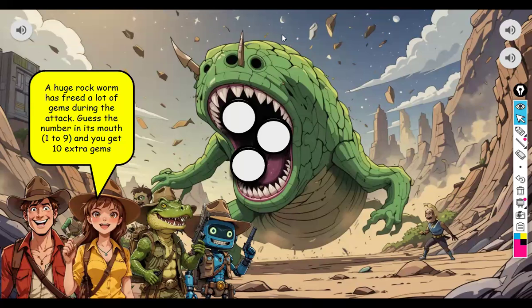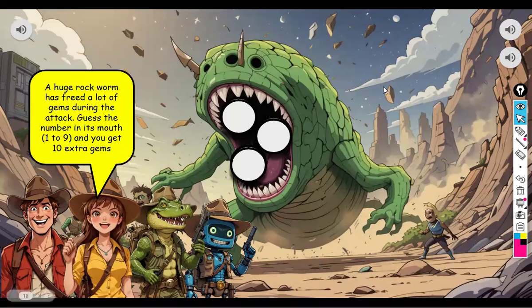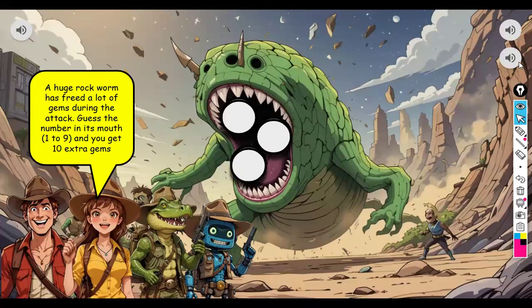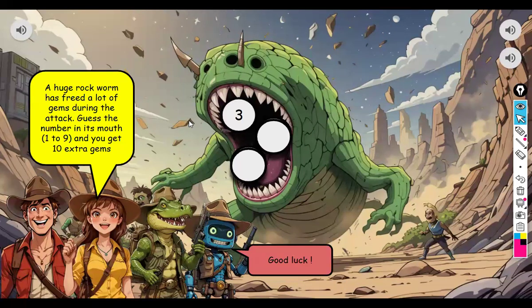All right, so most people have their numbers in. Let's see. First number is 3. So if anybody chose 3, adding 10 extra gems, right? If you're on the blue team, adding 10 blue. If you're on the red, 10 red. You all get the idea.